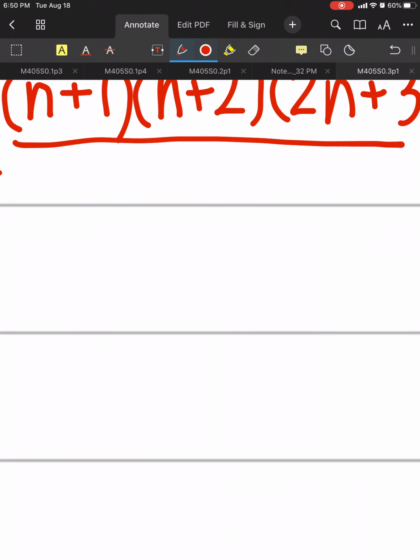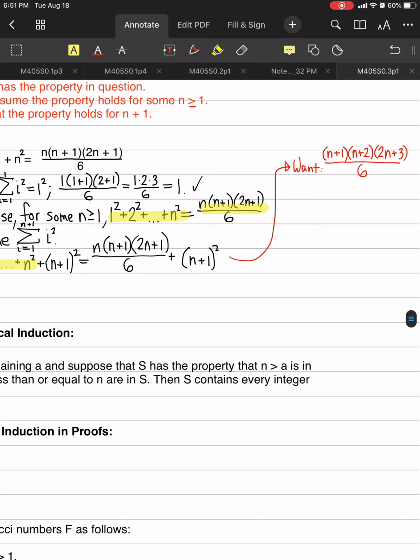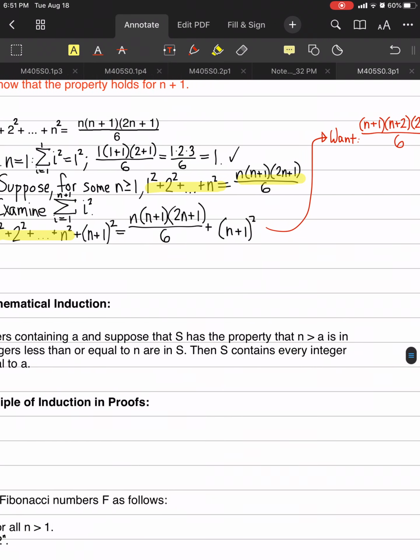Essentially, what I've done here is just took the original formula that we had and replaced each n by n plus 1. So here we get n plus 1 times n plus 1 plus 1, which is n plus 2, times 2 times the whole quantity n plus 1 plus 1, which gives us 2n plus 3. So that's what we've got.